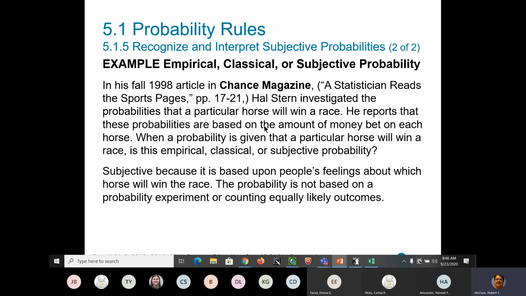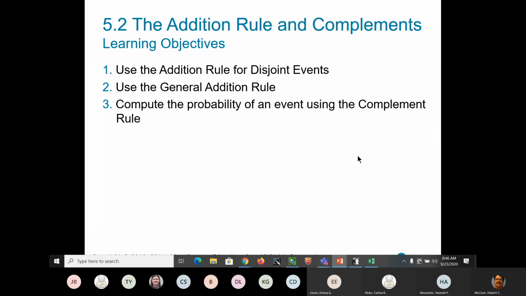Here, it's just how much money you bet on something, which is not statistical. That's subjective. So if you're going to write down anything for subjective, write down feelings. Subjective means feelings.